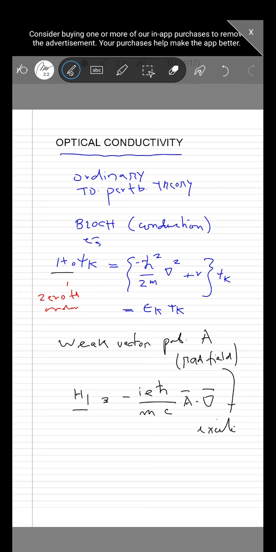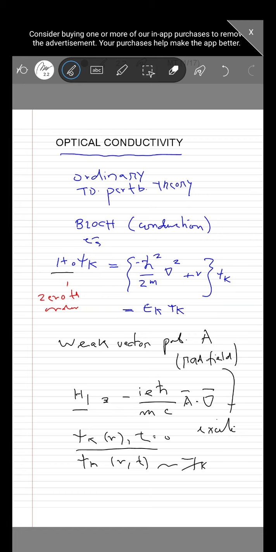An electron in an unperturbed state, suppose that wave function is given as psi k r, at time t equal to 0, will subsequently have a wave function psi k r t, where t is not equal to 0. This will correspond to the eigenstate, say psi k r.